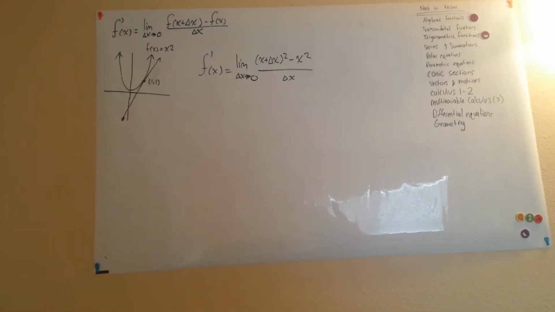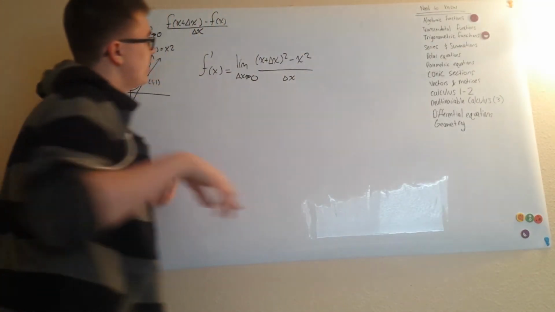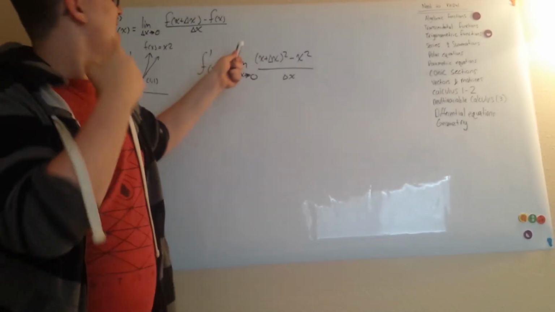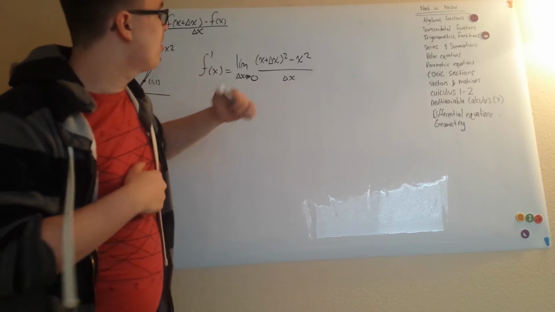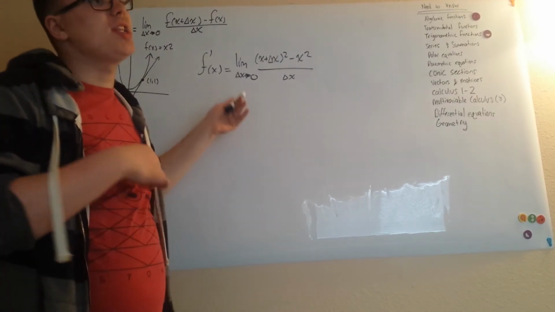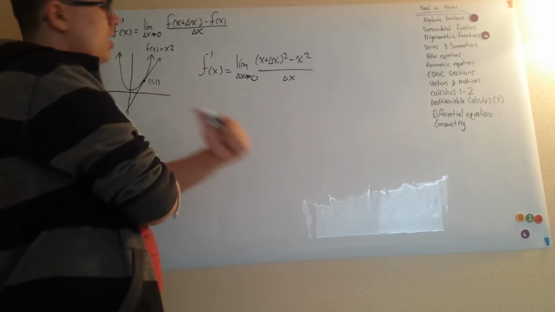So, we know how to do this kind of stuff. Remember how we had x plus h squared minus x squared over h? We're just replacing that with delta x. We've already done this before.